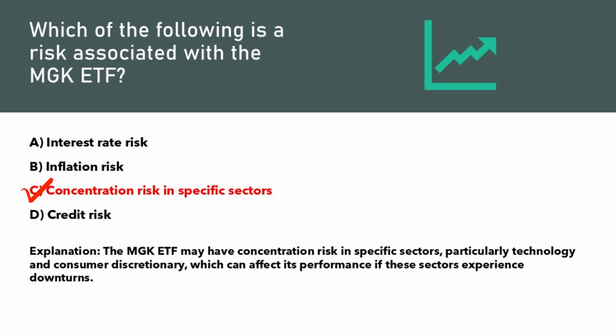Answer: C. Concentration risk in specific sectors. Explanation: the MGK ETF may have concentration risk in specific sectors, particularly technology and consumer discretionary, which can affect its performance if these sectors experience downturns.